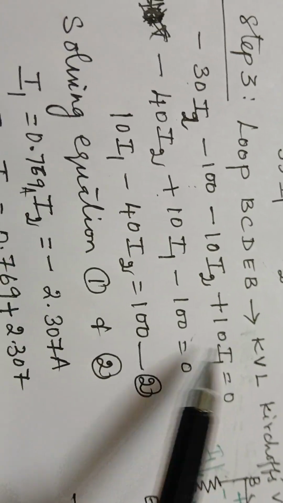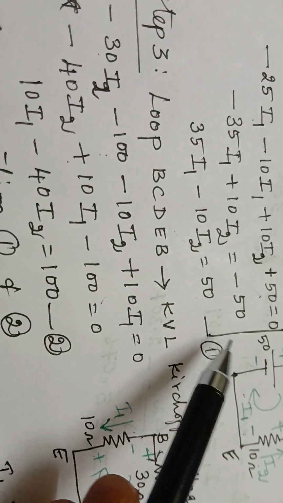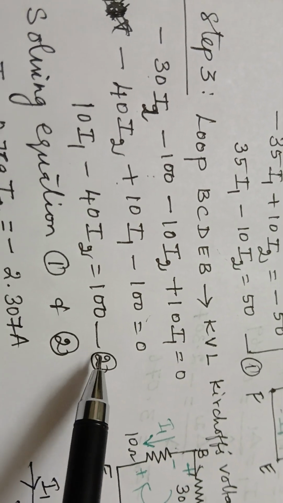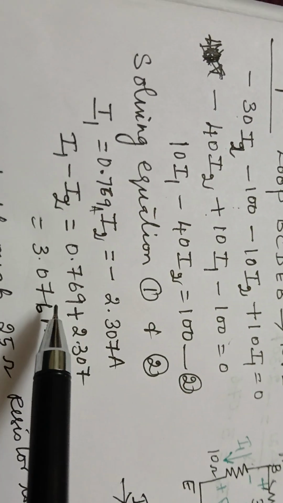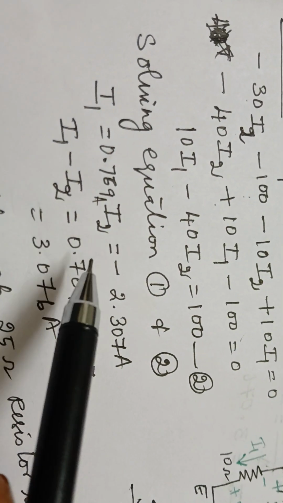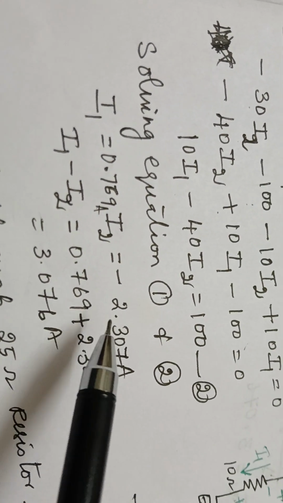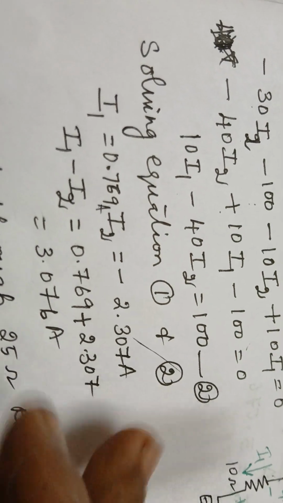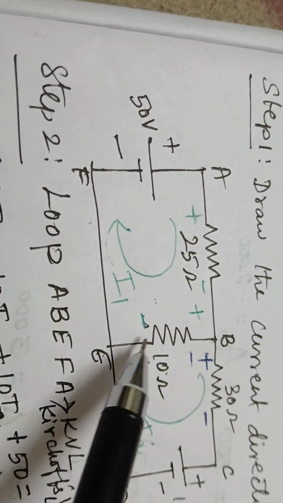Solving equation number 1 and equation number 2, we get I1 equal to 0.769 and I2 equal to minus 2.307. And in the center limb, what is the current?